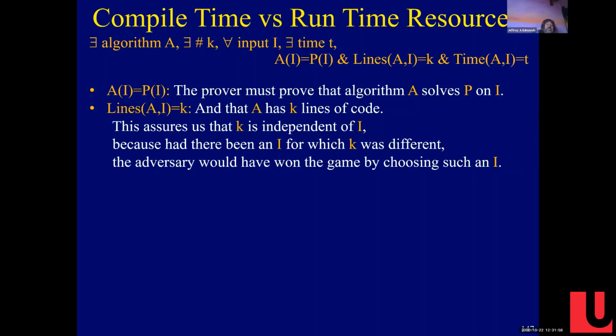What that means is that there's a game happening, and in this game there's a split in the game. There's a period before the input, and there's a period after the input. The period of time before the input is called compile time, and the period after is called runtime. Like, have you ever heard the expression runtime error versus compile time error?